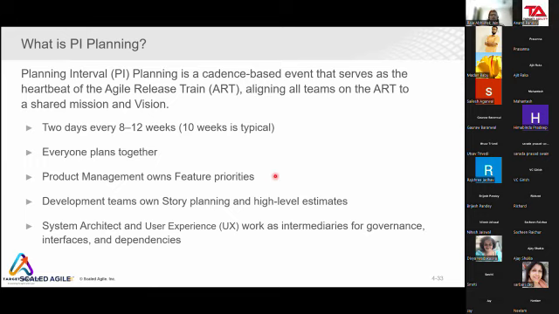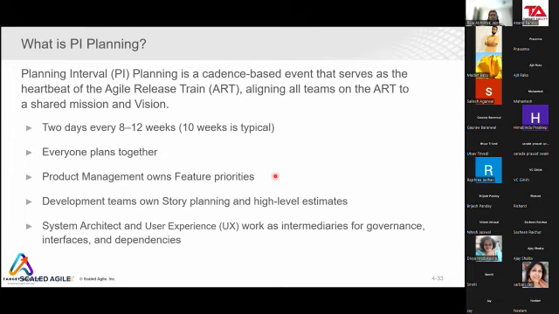Development teams own the story planning and high-level estimates. It is the same as in an Agile or Scrum environment. Development teams have to own their story planning and the estimations that the development team has to do. System architect and user experience: there are different roles in SAFe, like system architects and user experience people.